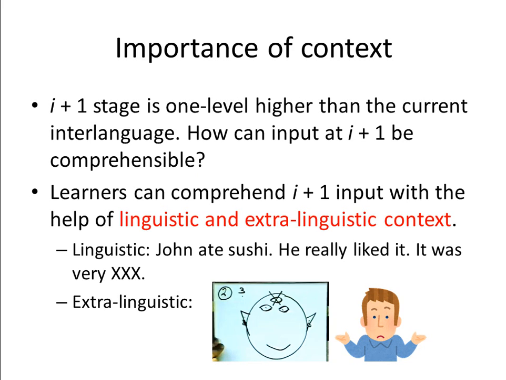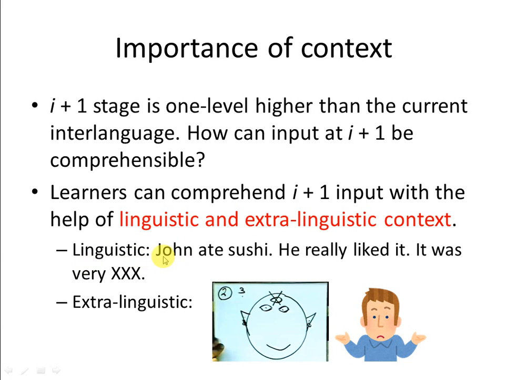So of course, I+1 input may not be comprehensible. So we have to make it comprehensible. But how? Learners can comprehend I+1 input with the help of linguistic and extra-linguistic context. So context, if there is good context, learners can comprehend even I+1 input. So here we have two kinds of context: linguistic and extra-linguistic context.